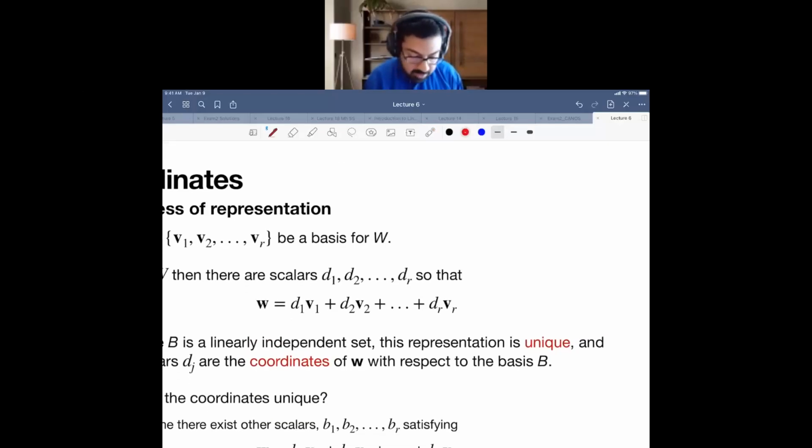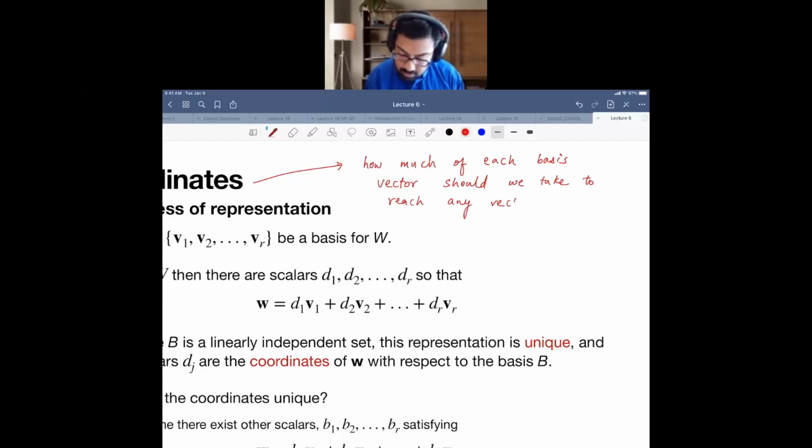Coordinates are how much, as a linear combination, of each basis vector we should take to reach any vector in the subspace. So in our example, the subspace that we are considering was the range, right?